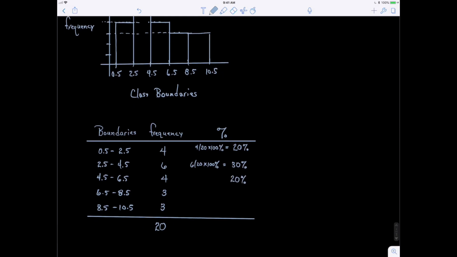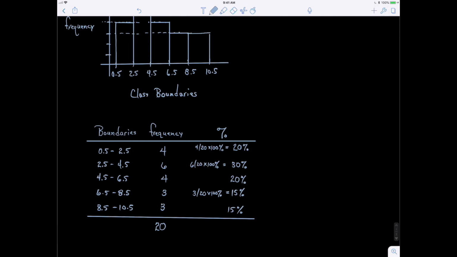And 3, well, we would take 3, divide that by 20, and multiply that result by 100%, so that would be 15%. So those 3 dots represent 15% of our data, as do the next 3 dots found in the last bar of the histogram, or the last bin of our dot plot.